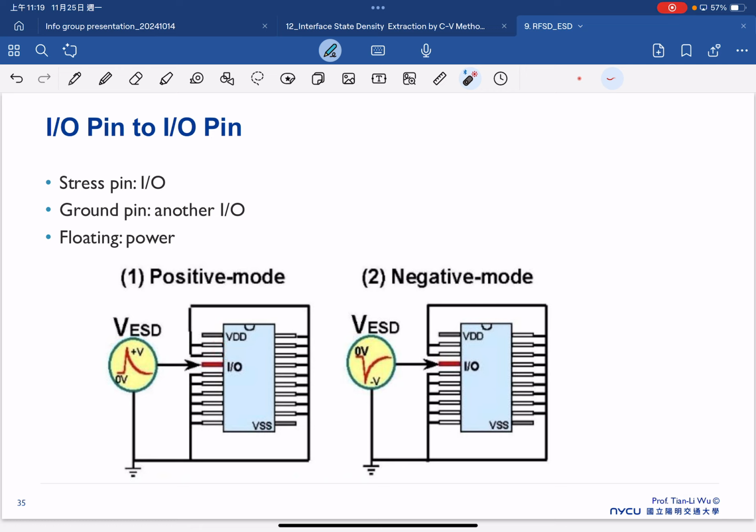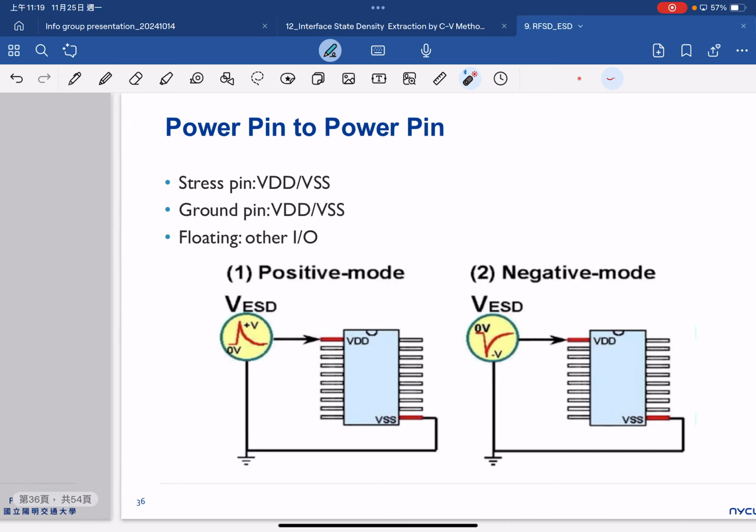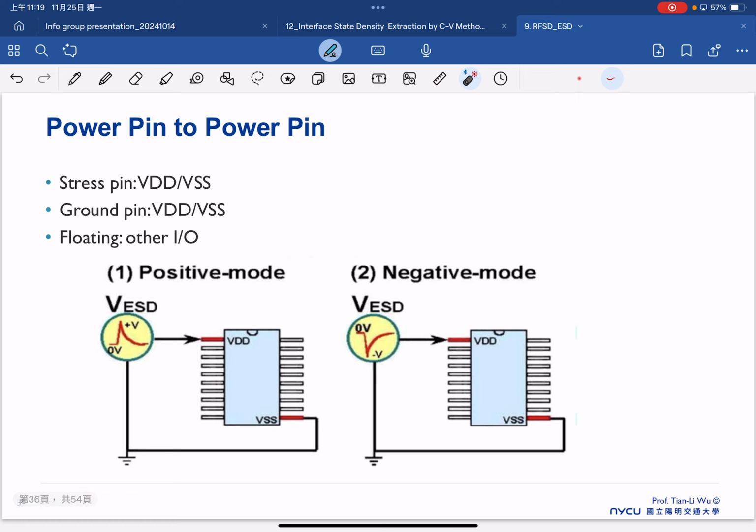So we need to also ground this one to test, or this is a positive and negative. And this is another, where we stress VDD and we ground VSS. So we stress in here and we ground in here. So that's another case.